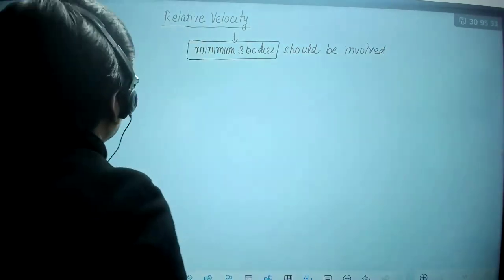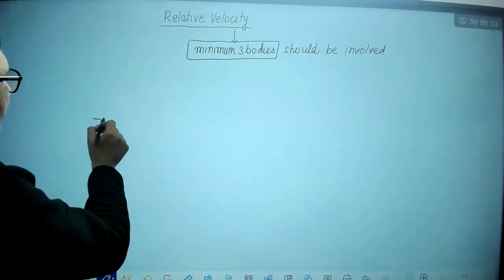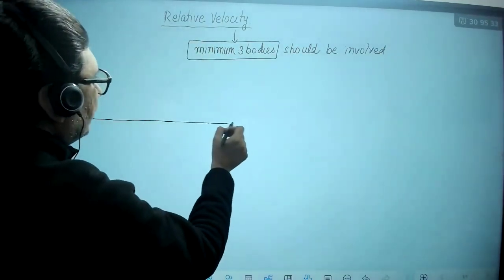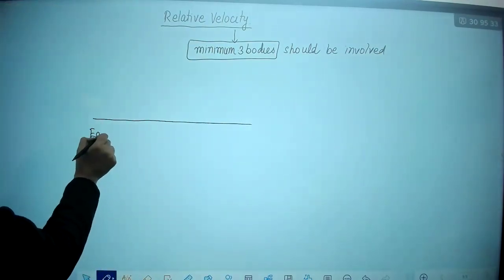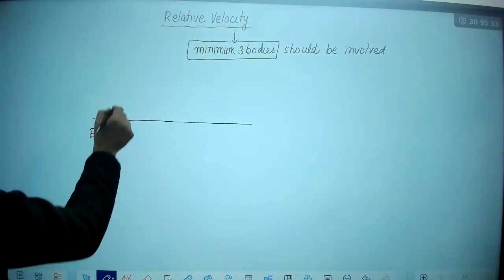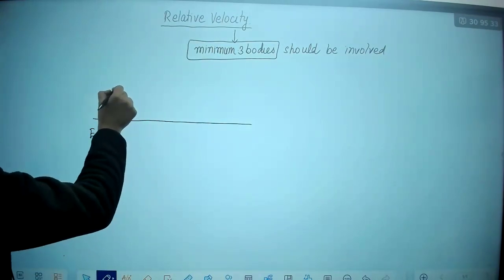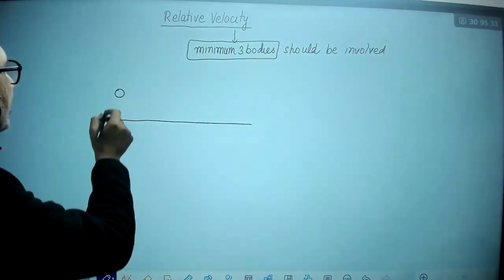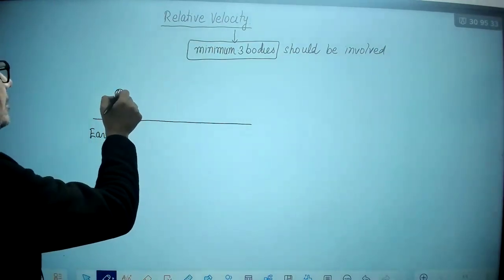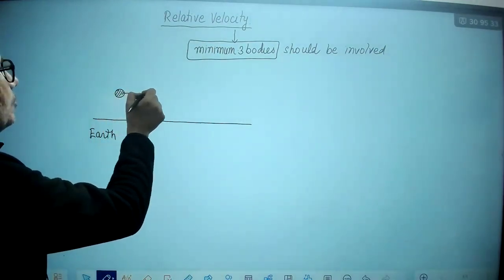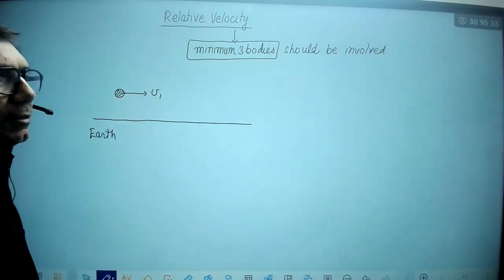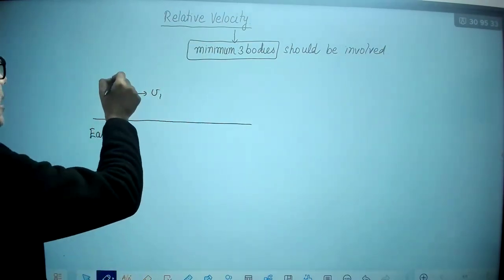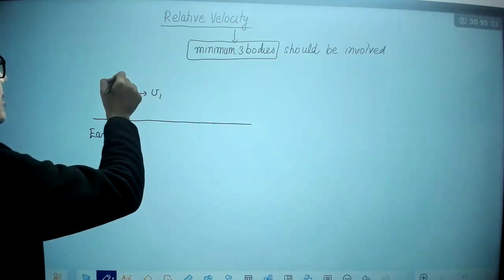For example, suppose this is our Earth. And two bodies are there. First is this A. It is moving in this direction with some velocity V1.